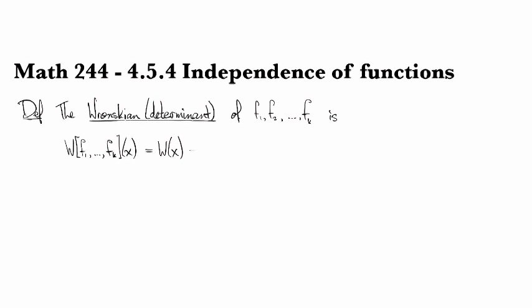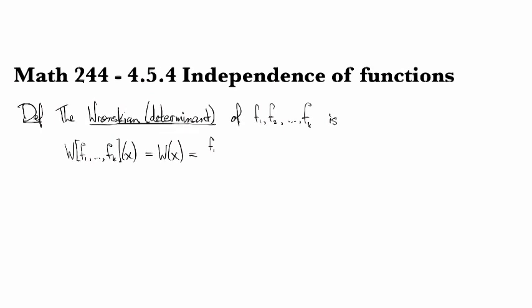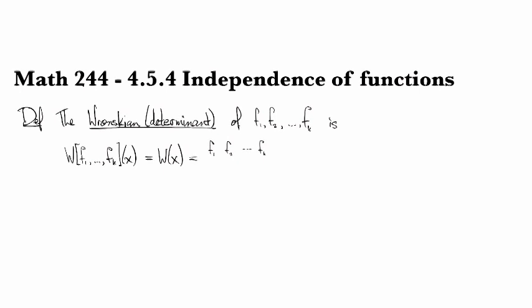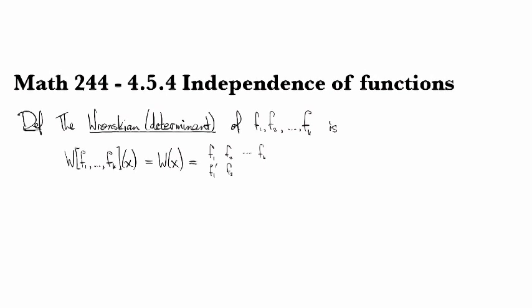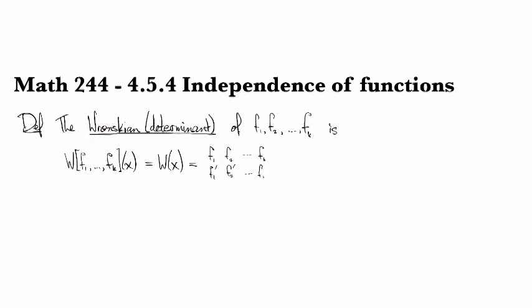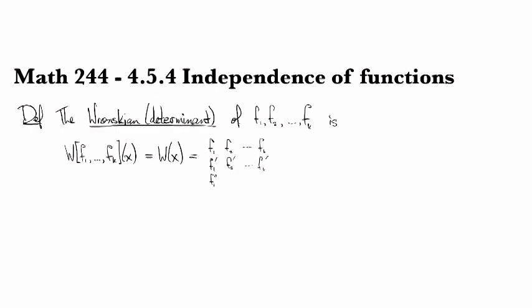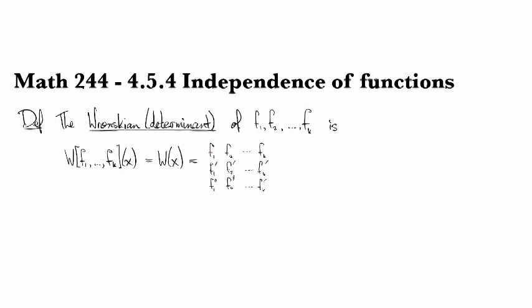The way that you define it is you make a determinant, and across the top you put the f's, so you have f1, f2, out to fk, and then you just start differentiating them. So then you have f1 prime, f2 prime, out to fk prime, and f1 double prime, f2 double prime, out to fk double prime.